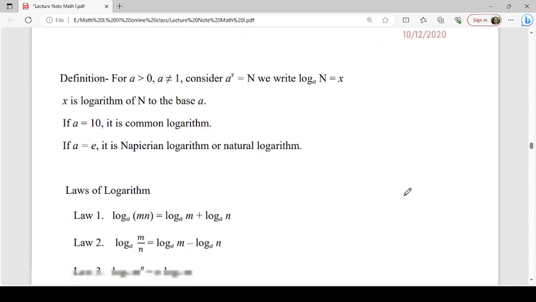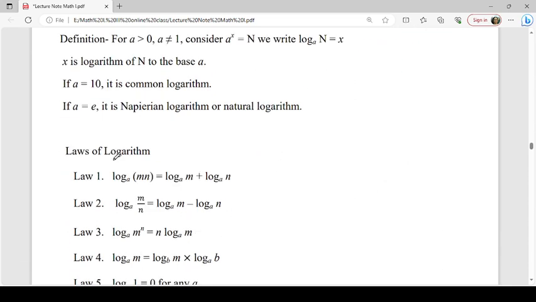Then logarithm. The laws of logarithms are there. Log of mn to the base a is log of m to the base a plus log of n to the base a. So what is log? If we have a to the power x is equal to n, then we write log of n to the base a as x.